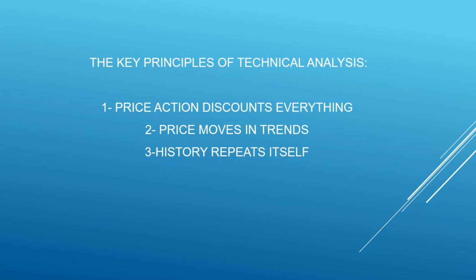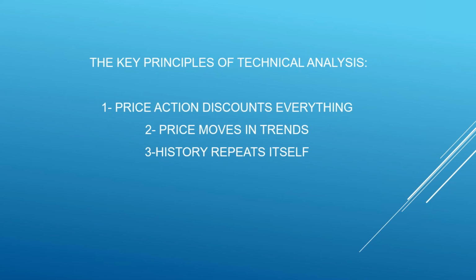Second is that price moves in a trend. The theory indicates that price is not moving randomly, it's actually moving in a trend, and we will explain the trend briefly. The third principle is history repeats itself. What happened in the past may happen in the future.